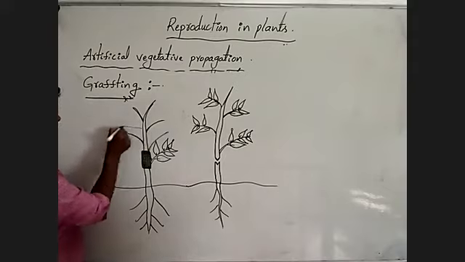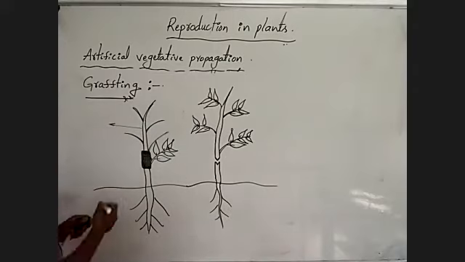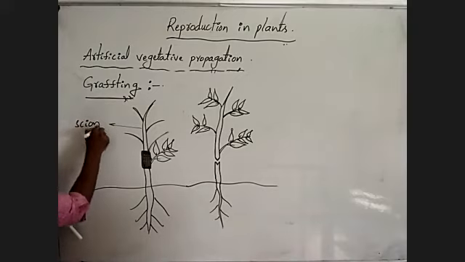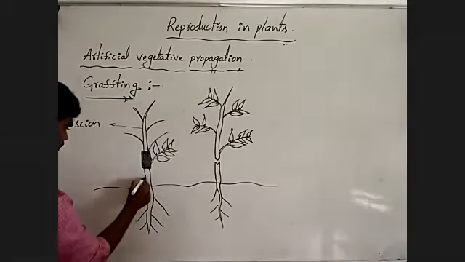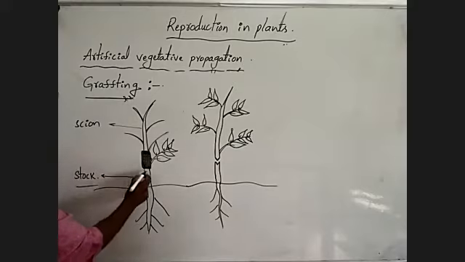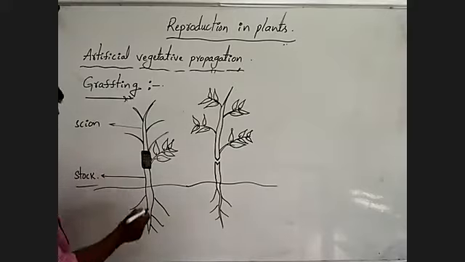The upper region is called the scion. The next portion, the portion of the stem that has the root system, is called the stock. Observe carefully.